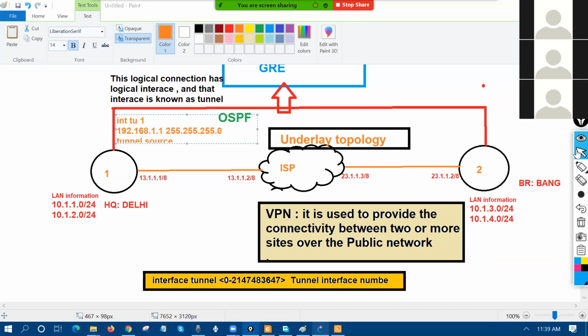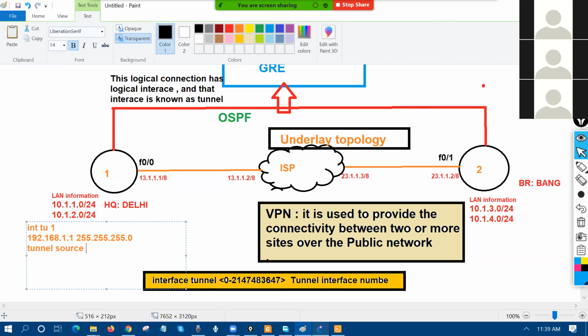Take an example. This is interface 0/0, and this is interface 0/0, or 0/1 as well. So what I'm saying is, when the packet is coming, tunnel source 0/0, or we can use an IP address as well, because I'm creating my tunnel source where the packet is exiting from this interface.